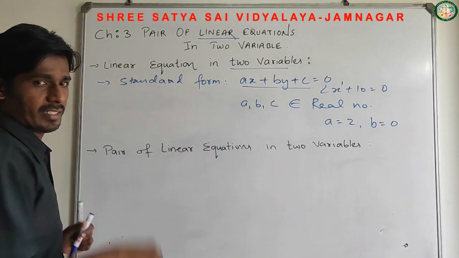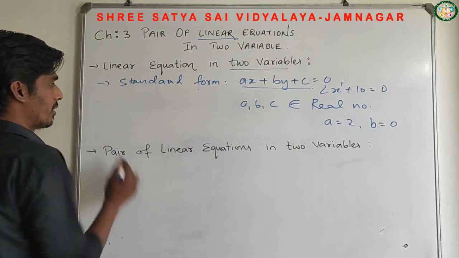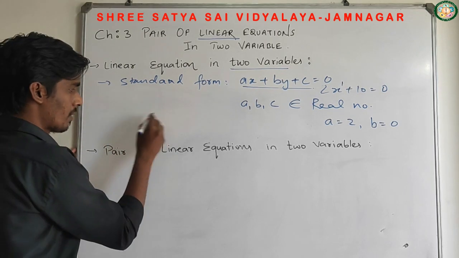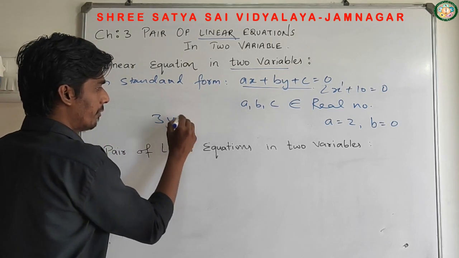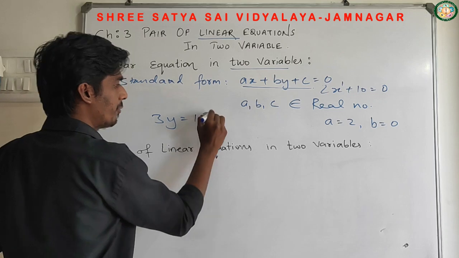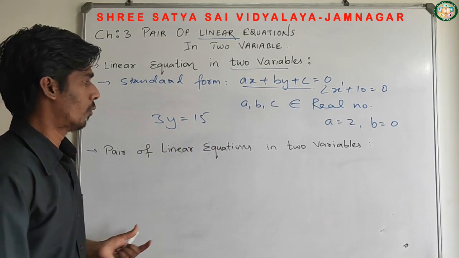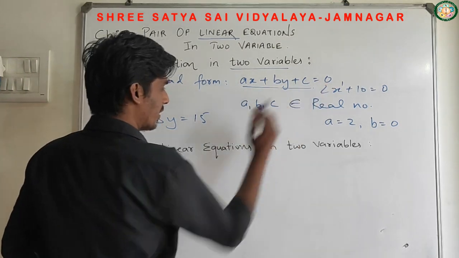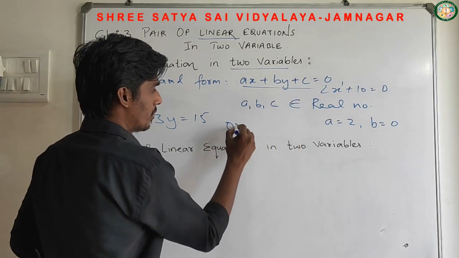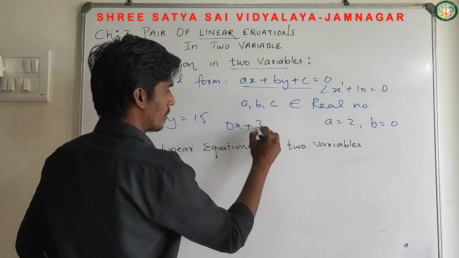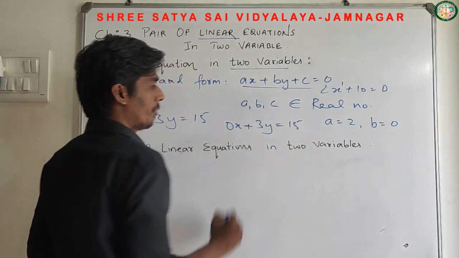let's take the equation as 3y equals 15. Now for this equation the x term is not there, so I can write 0x plus 3y equals 15.